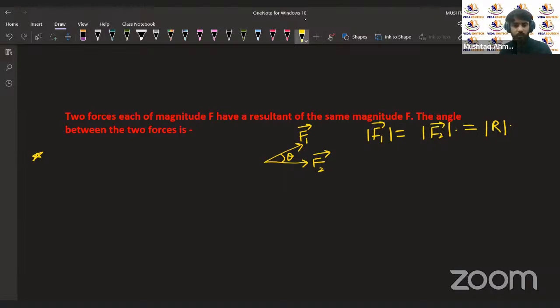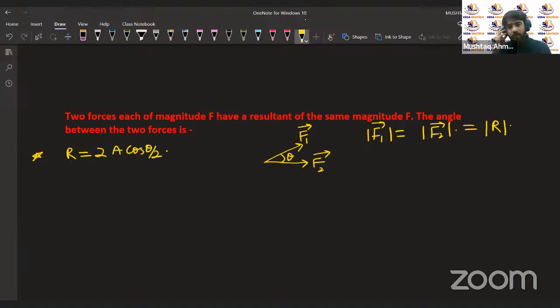We know that whenever we have two vectors at an angle of theta, we derive this relation: if we have two vectors of the same magnitude at an angle of theta, the resultant is given by twice the magnitude of one of the vectors, that's 2a cos of theta upon 2.